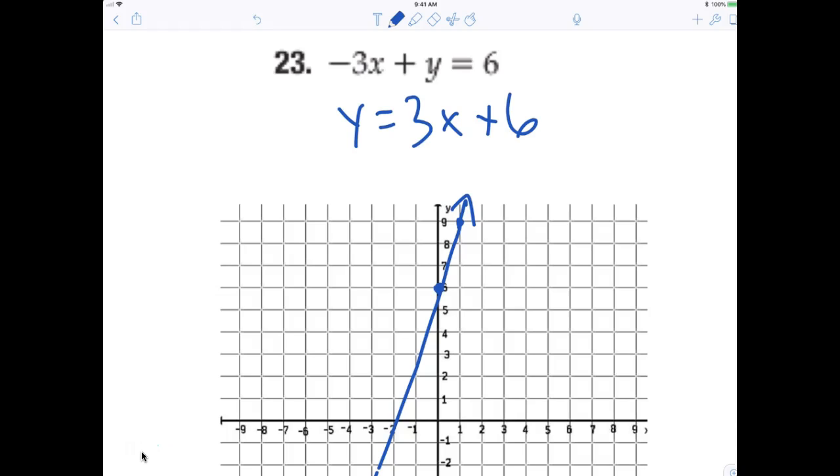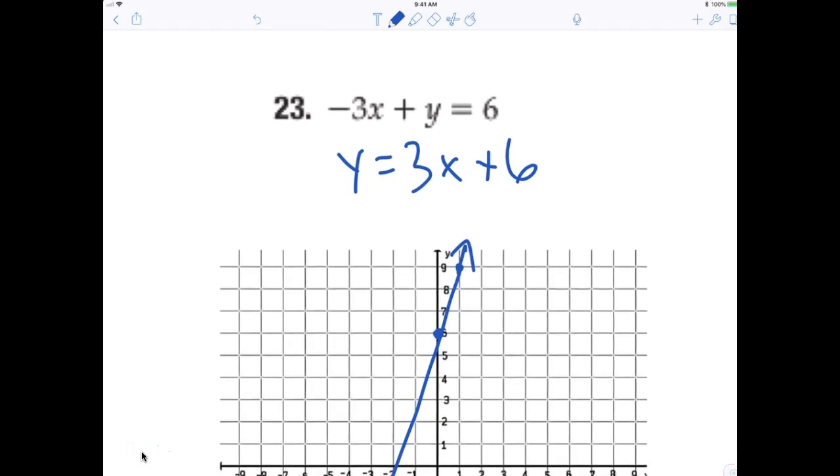Wait. Oh, sorry. I was about to say, why is it not negative? But then I realized that's right, because I moved it. Do you agree? Yeah, I get it now. All right. Anybody else have any issues? Everybody good? I don't think it's that bad. Does everybody agree? All right.